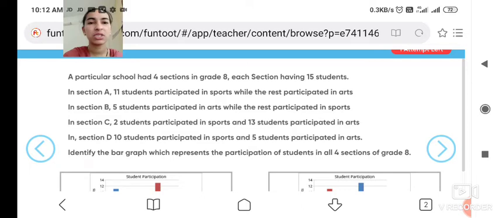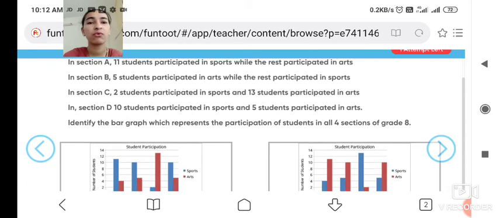In division C, 2 students participate in sports and 13 in arts. Suppose in section A 11 students participate in sports, then the number of students who participate in arts will be 4. Understand? Like this, there are 4 sections.